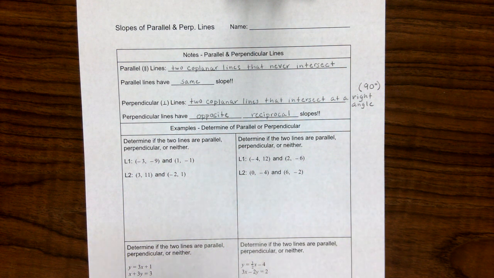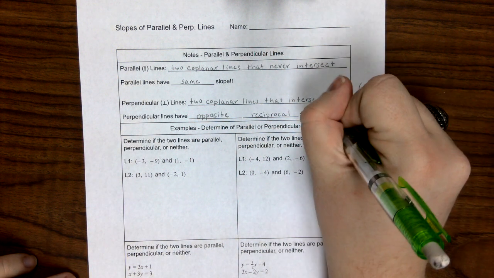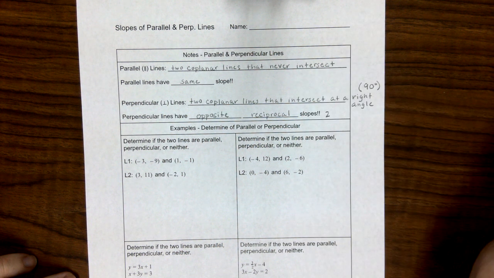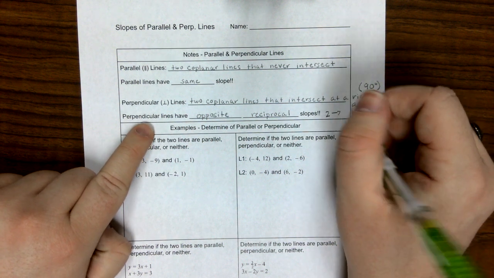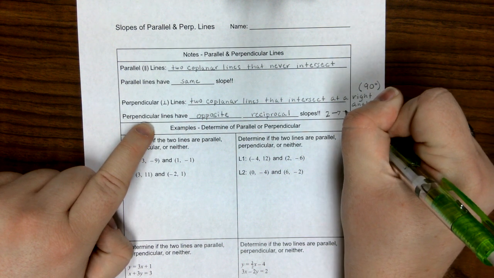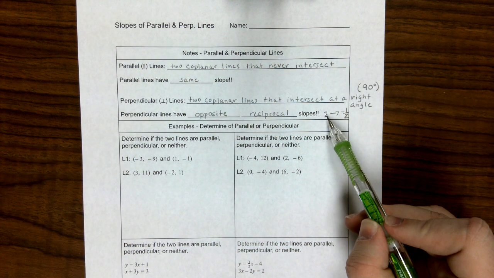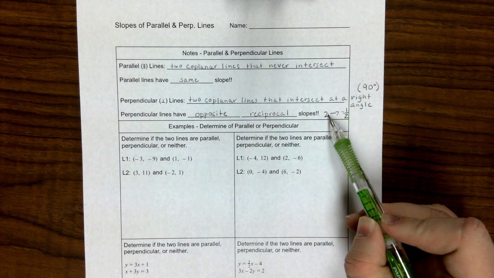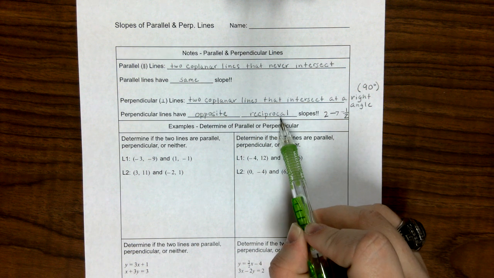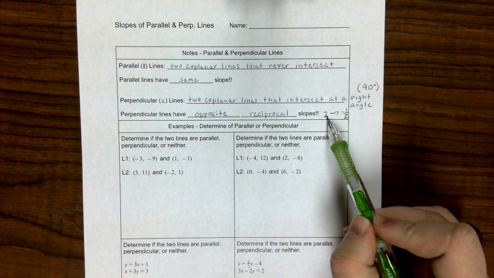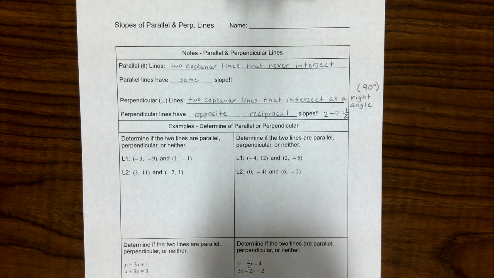So, for example, let's say your slope was 2, then not parallel, the perpendicular slope to this would be -1/2. 2 we can think of as being 2/1. So when you flip 2/1, you get 1/2. That's the reciprocal part. The opposite part is that this one's positive, this one's negative. That's what I mean by opposite reciprocals.